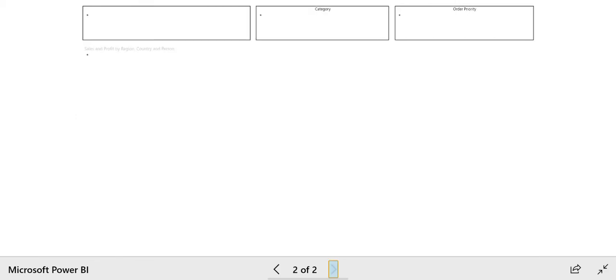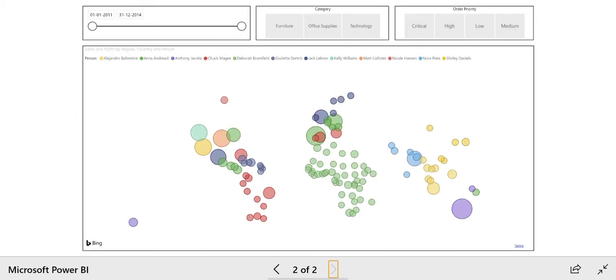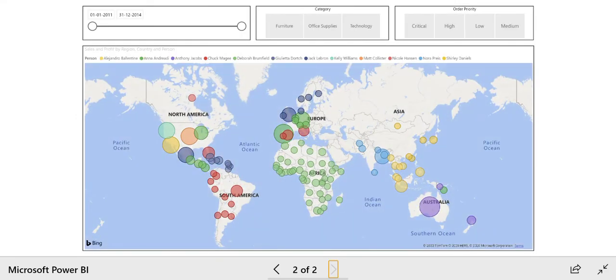Now the second part of the report is geographical analytics. In this case you can see which person is looking out for which side. Chuck is looking after the South American part mostly, and some of Europe. It's the red part here, and it's the red guy, Chuck.